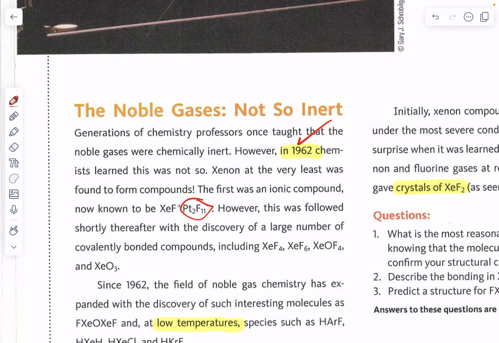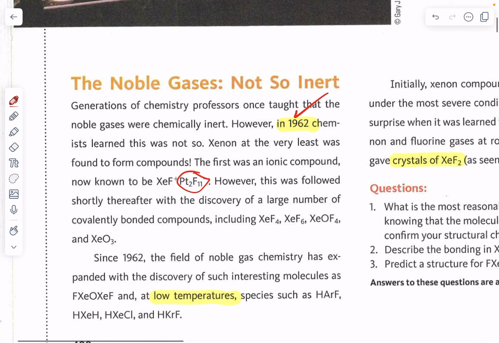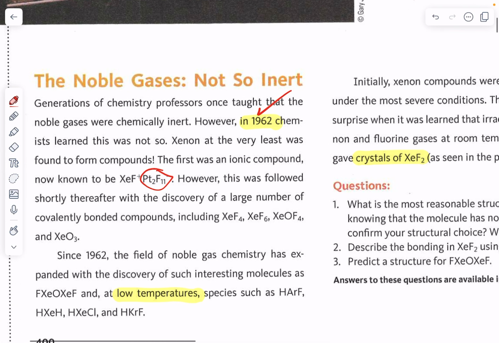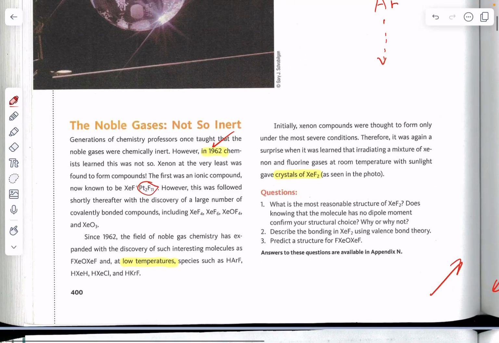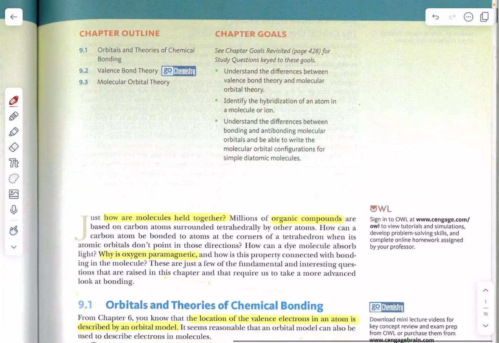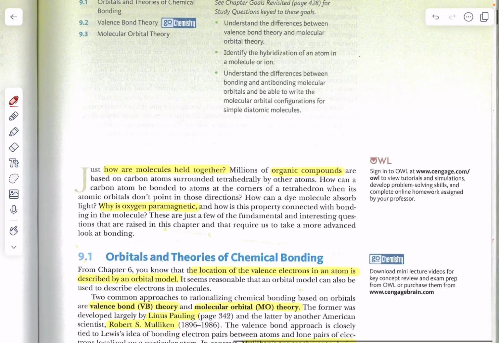So in any case, that's neither here nor there for our purposes. To my knowledge, on the AP test, they don't ask you to name complex compounds like this one. In any case, the point being, we now have compounds out of some of the inert gases. And of course, every time we discover a new compound, it is important because it might have some interesting properties that we can take advantage of.